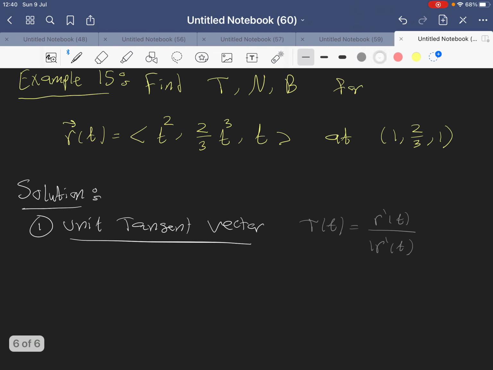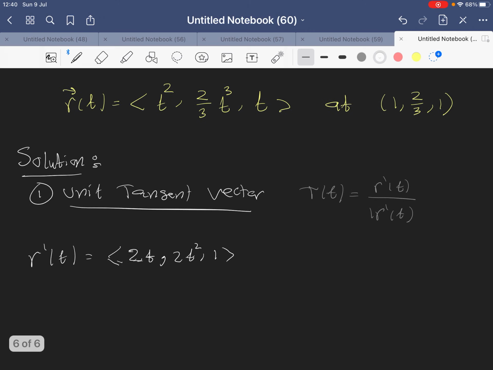So that's what we need to do first. So let me just find the first derivative. This would be 2t, and then 2t squared, and then 1. This is the first derivative.